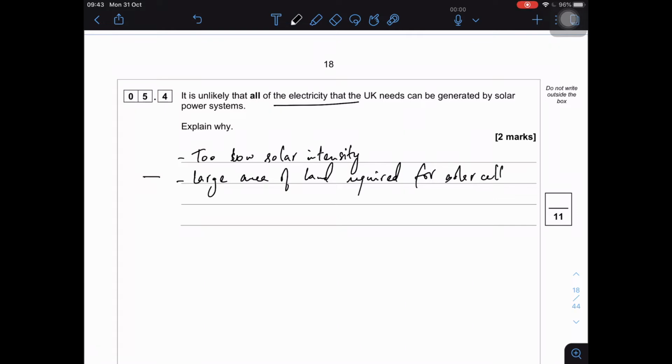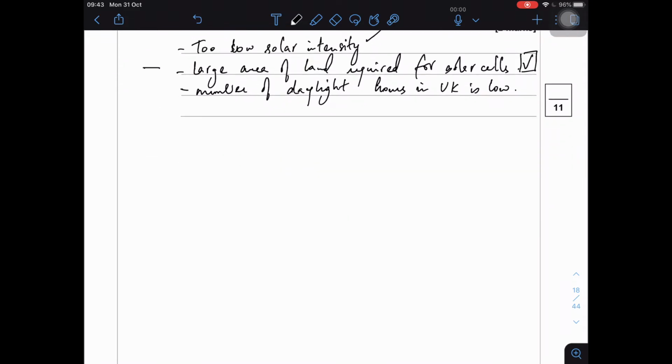So this will be the ideal answer, whereas this is also good. Too low solar intensity, number of daylight hours in UK is low. I mean, we hardly see the sun. That's also an acceptable answer.